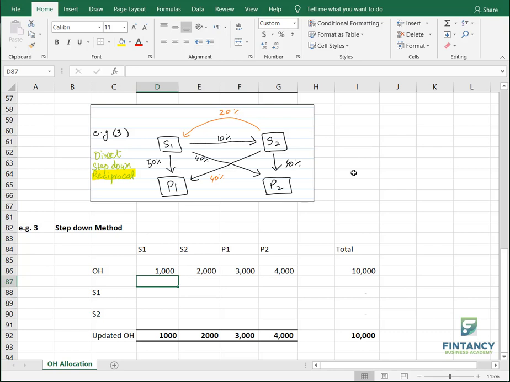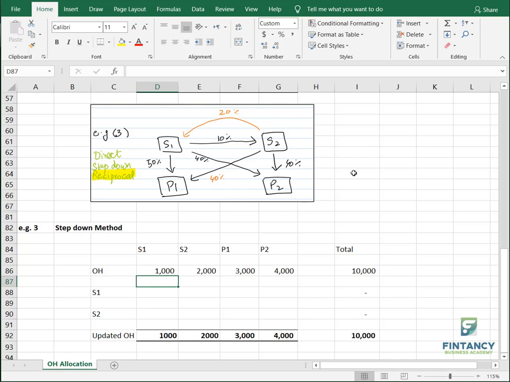Why? Because when you will start with a particular service department, you cannot return back. Like step down means when you are stepping down, maybe from stairs, the situation here is you cannot step up again. So once you have stepped down, you cannot go back. Remember this.